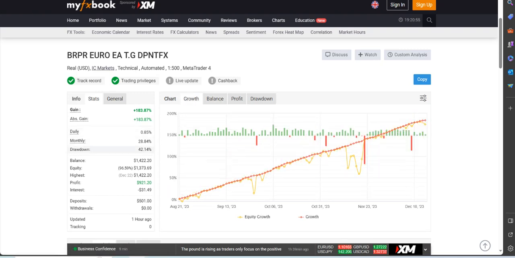Monthly, we made around 29% so far. The maximum drawdown in the worst conditions so far has been 42.14%. That is obviously a little higher, but it is well managed by the expert advisor. If I had traded with around 1,500 or maybe 2,000 US dollars, this drawdown would have decreased drastically.